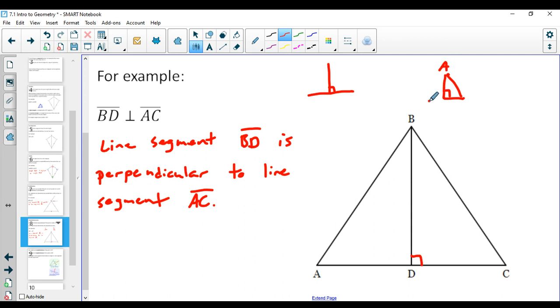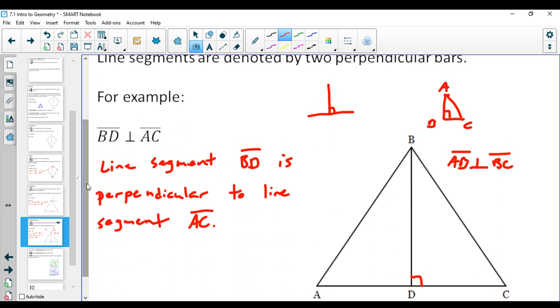If I did A, B, and C, you could say AB is perpendicular to BC. It doesn't have to look like a line and then something down the middle. That's just how the symbol is in this particular example. And they technically don't even necessarily need to be touching to be perpendicular, but usually they are.